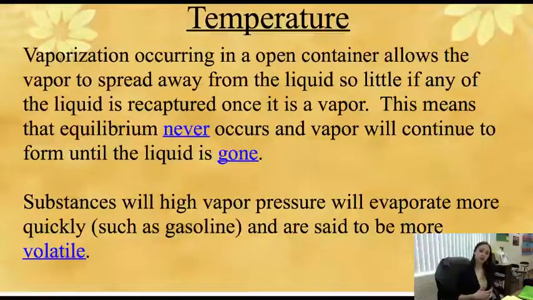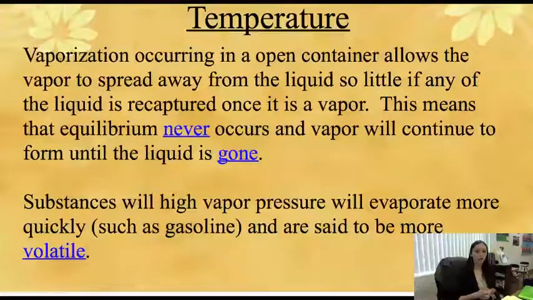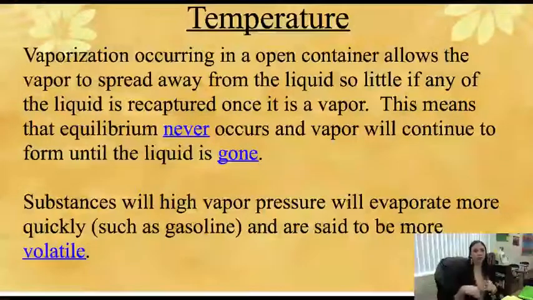Vaporization in an open container is like a pot of water that's boiling without the lid on top. You're not recapturing that vapor at all, so it's just going to continue to go and go and go. Very volatile substances are ones that vaporize very easily, because you're going to smell them very distinctly.